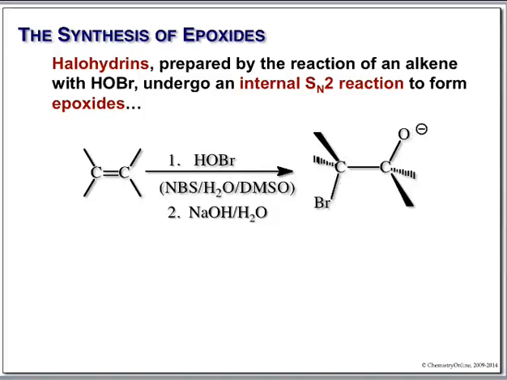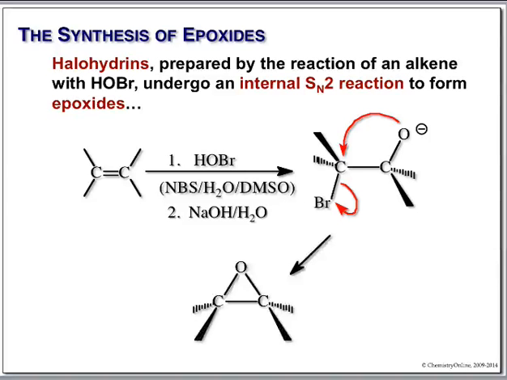Right here, we have a leaving group. So all that happens here is the alkoxide attacks, bromine leaves, and we make the epoxide. Very nice, simple reaction. Reaction with HOBr typically goes very nicely.